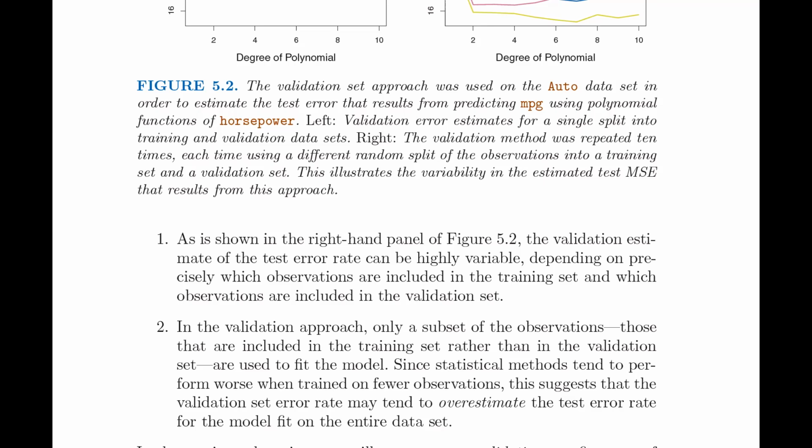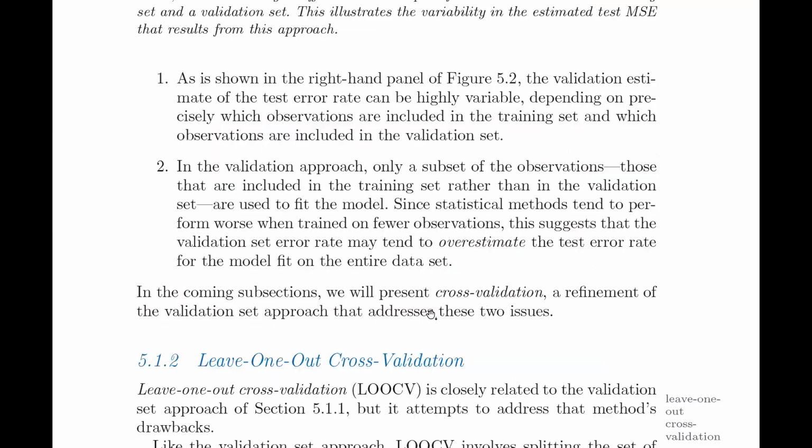Let's see what we're saying over here. The validation set error rate may tend to overestimate the test error rate for the model fit on the entire dataset. I think we can move on.